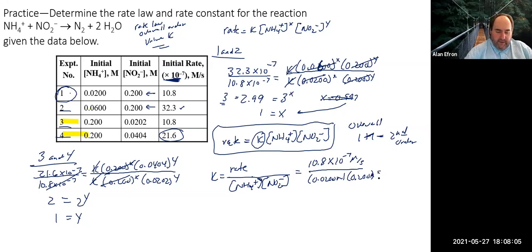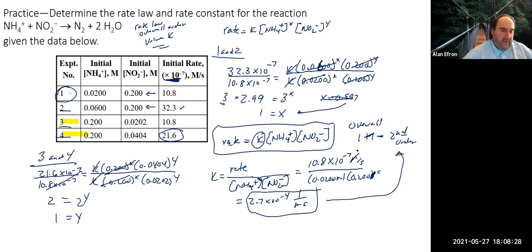At this point, 10.8 to the minus 7 divided by 0.02 divided by 0.2 is going to give us 2.7 to the minus 4. And again, molarity and molarity here will cancel, and that will leave us our 1 over molar seconds that we've been seeing, that is associated with a second order reaction.